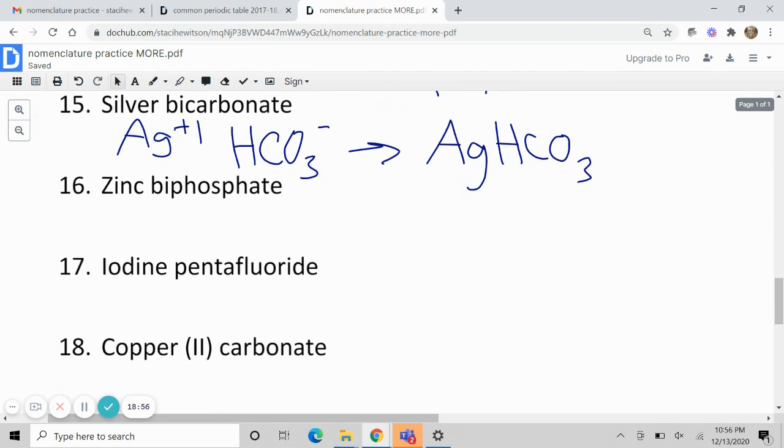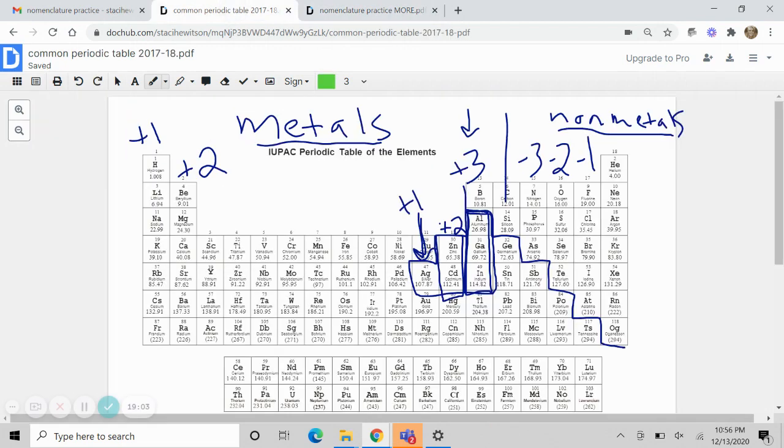All right, zinc biphosphate, another one. Zinc is one of those in our triangle here as well. Zinc has a charge of +2 all the time.